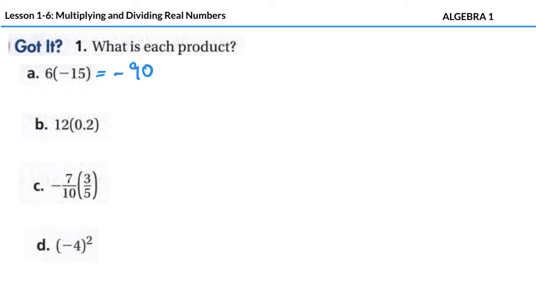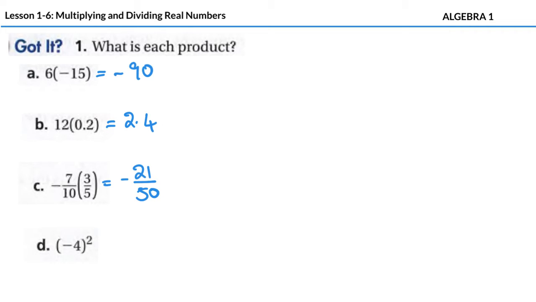12 times 0.2. What is it going to be? 2.4. Negative 7 over 10 times 3.5. What is it going to be? Is the answer going to be positive or negative? It's going to be negative. Good. And what will be the number? It's going to be negative 21 over 50.